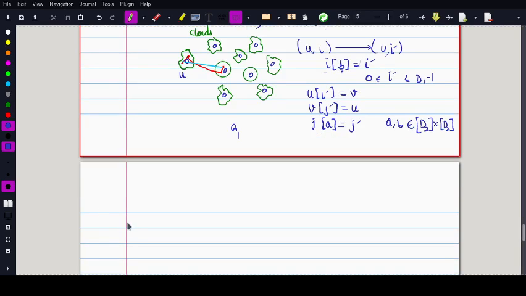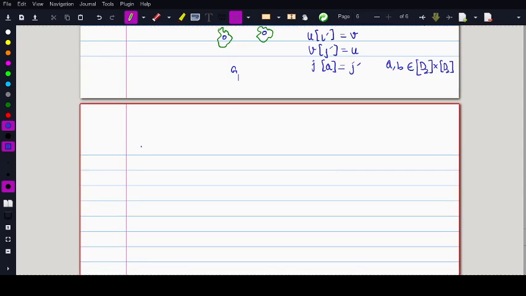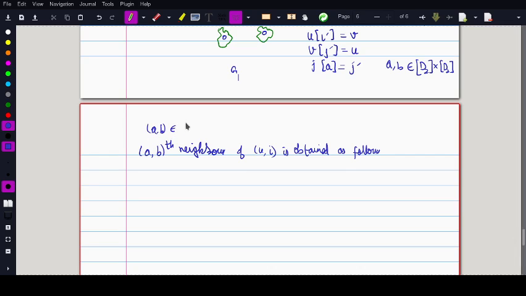So one thing to notice is that another way to describe it is that the abth neighbor of u comma I is obtained as follows. Here a comma b belongs to d2 cross d2.